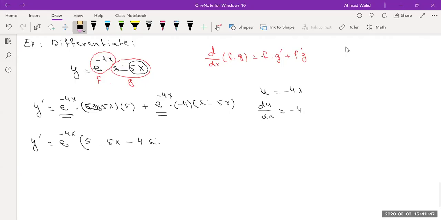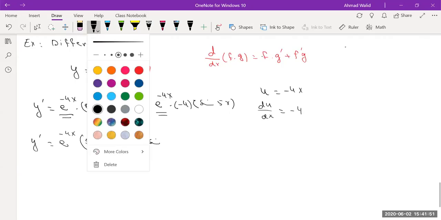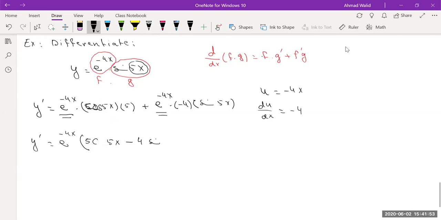I'm sorry. Here you have 5 cosine of 5x minus 4 sine 5x. That will be your answer for this problem. Only mistake that I didn't focus, the derivative of sine is cosine, right?